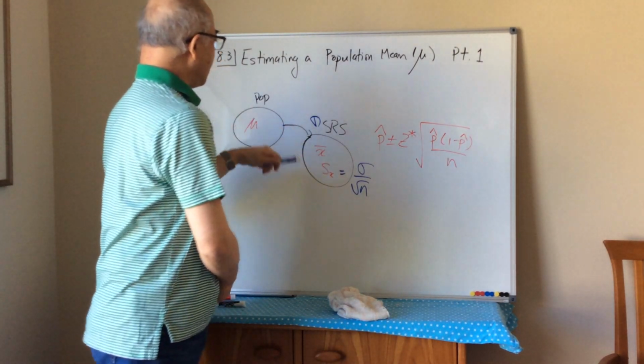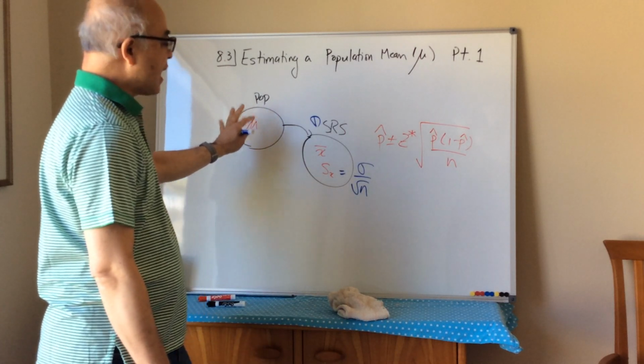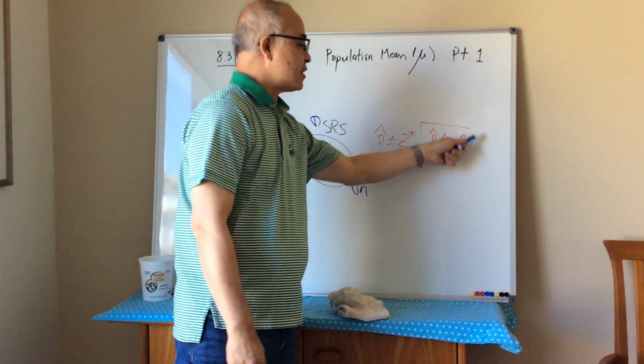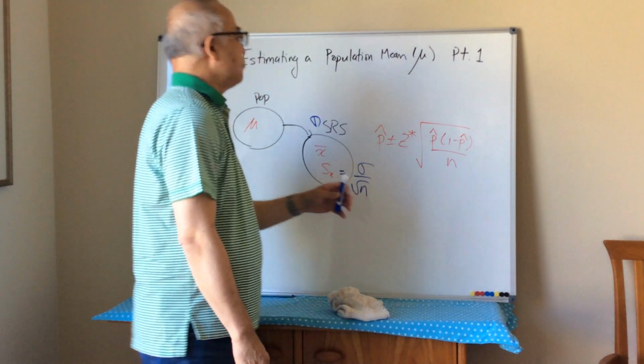When we talked about categorical data, we did not need to know this, because we had this equation right here. So this is the problem with the population mean.